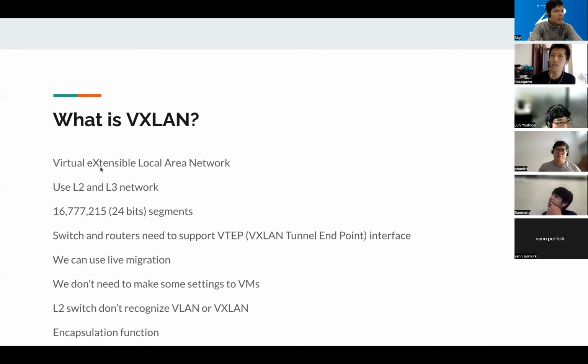As I remember, but not 100% sure. It's a kind of protocol that makes two different networks able to communicate with each other. It's some kind of different VLAN.